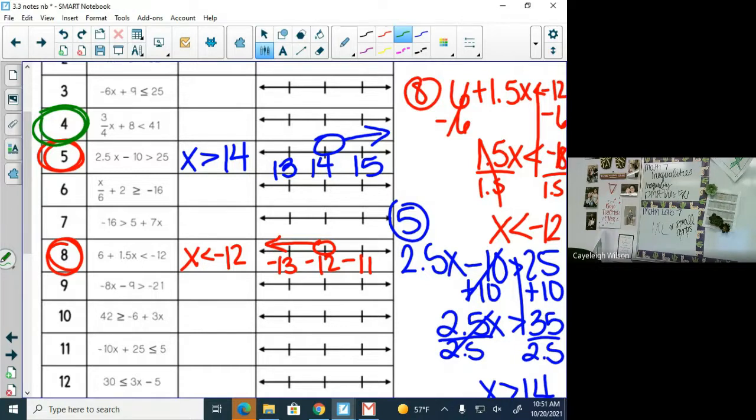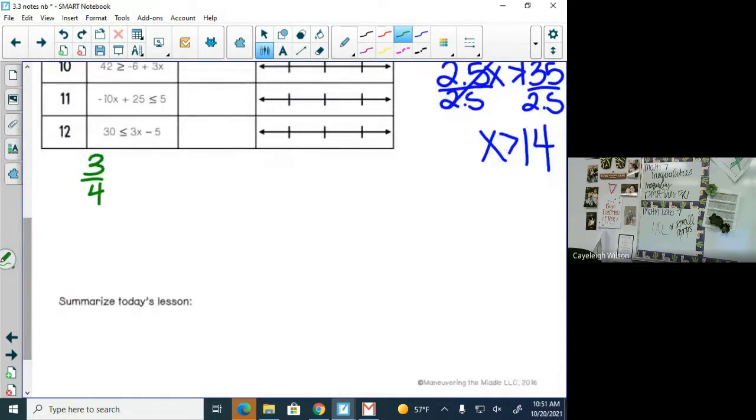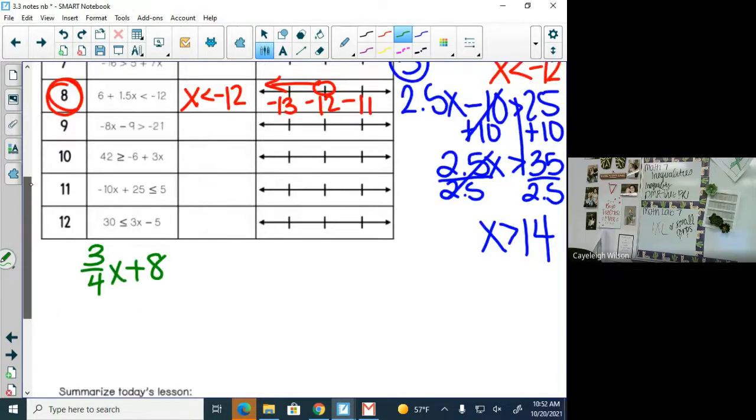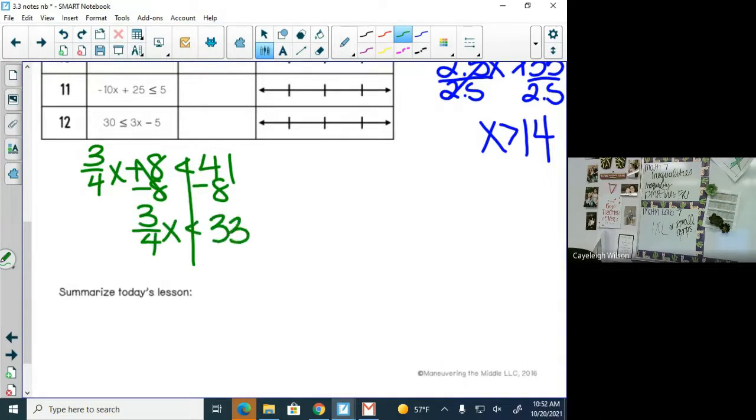So 3/4 x plus 8 is less than 41. All right, so I subtract 8 to undo my addition. And then what do I do to get x by itself? Divide by 3/4.